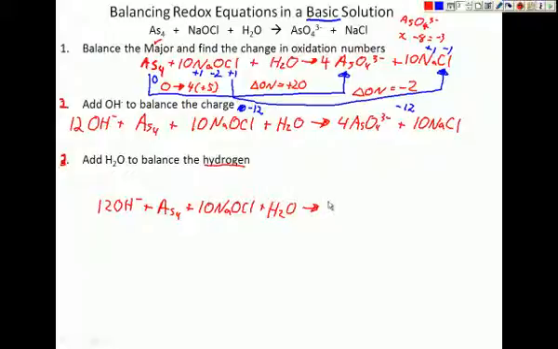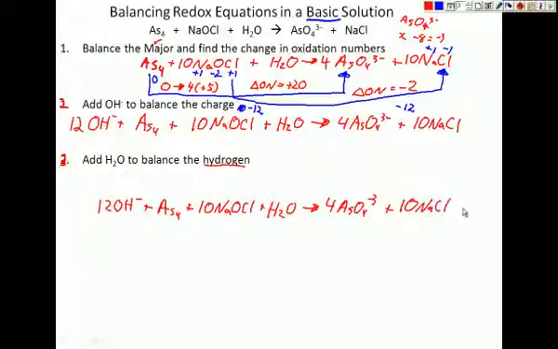And then we're going to put 4 AsO4 3 minus and 10 NaCl. Now we want to balance the hydrogen. How many hydrogens on the product side? 0 hydrogens. How many hydrogens on the reactant side? Well, we have 1, 2, plus 12. So that's 14.